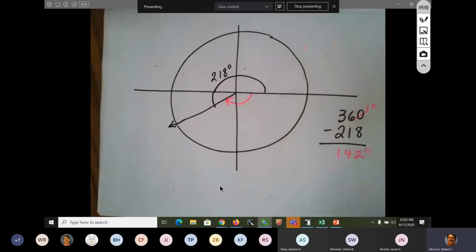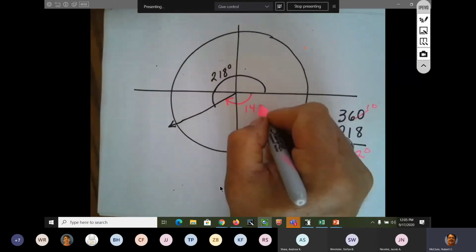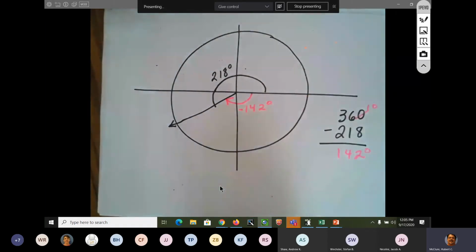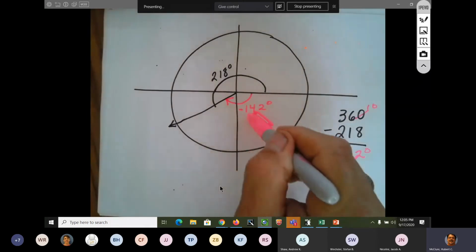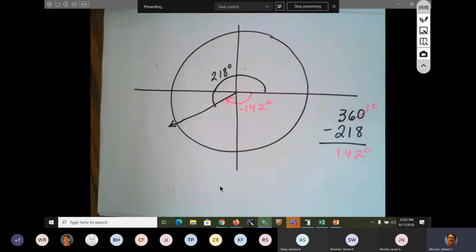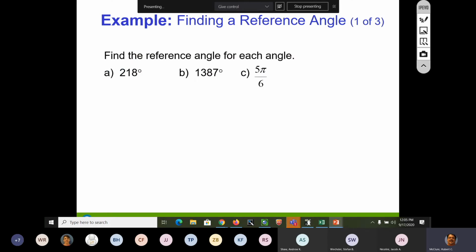So your reference angle is 142 degrees, and it would have a minus sign because it's turning the opposite way you're supposed to. In academia, that would be negative. In the real world, this would be positive, and this would be negative. So 142 degrees would be that one.